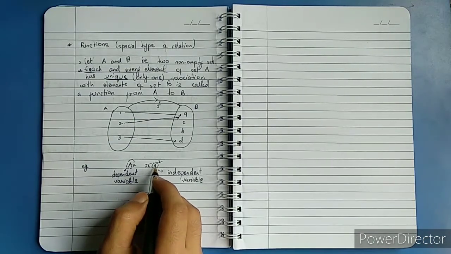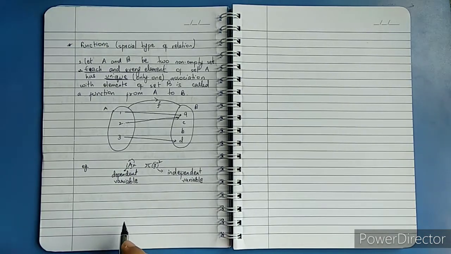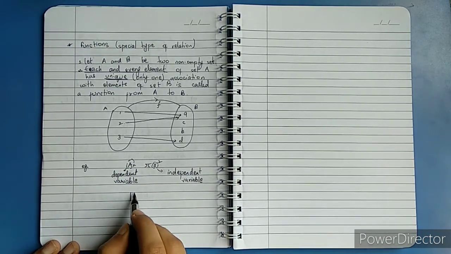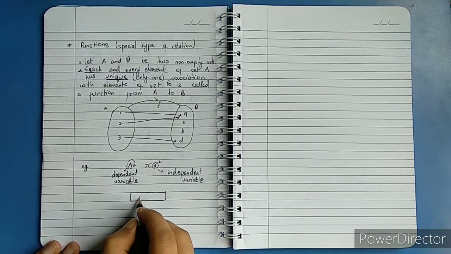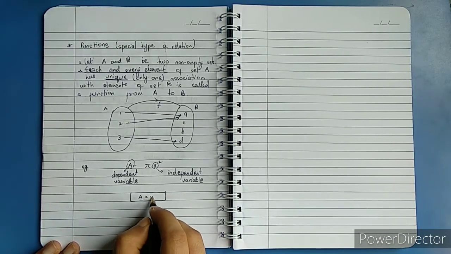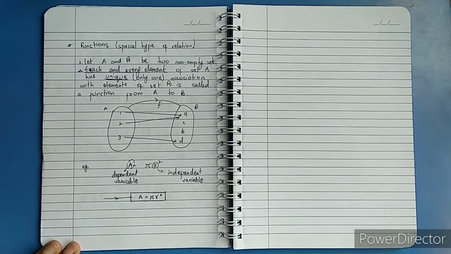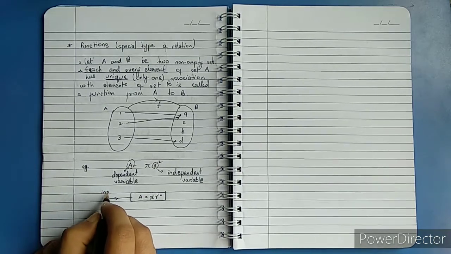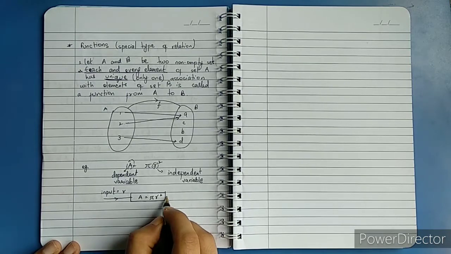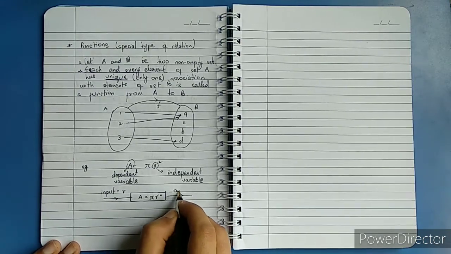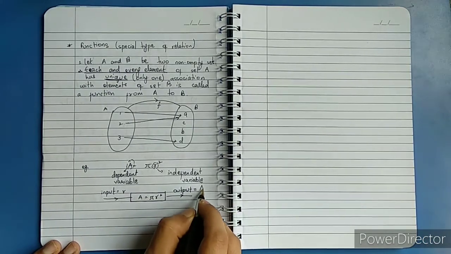So r is basically the input and A is basically our output. So consider this like a machine in a factory. So this machine is basically A equals pi r square. The input that you give in this machine is the value of r. r is the independent variable, and the output that you receive after putting the value of r is A.